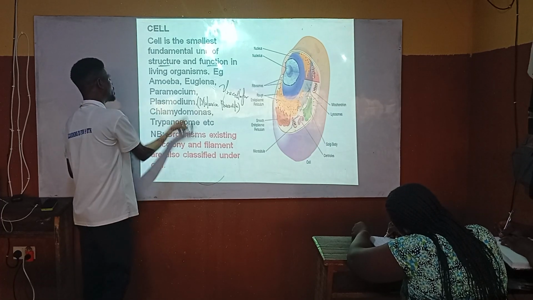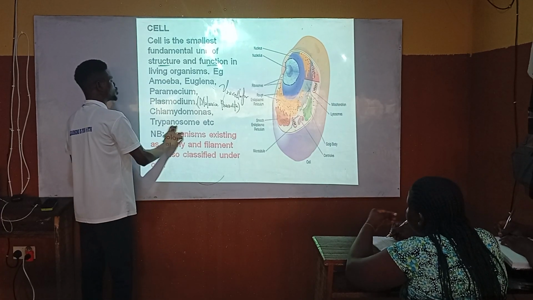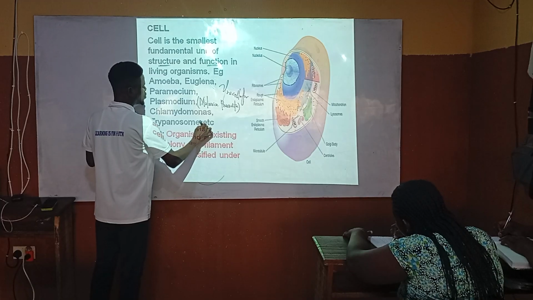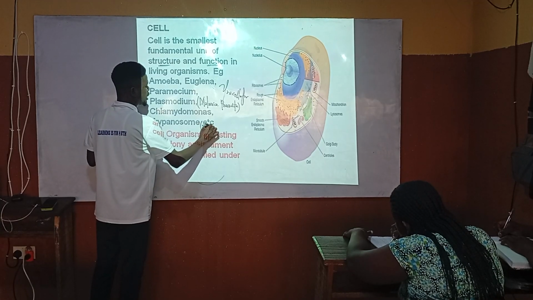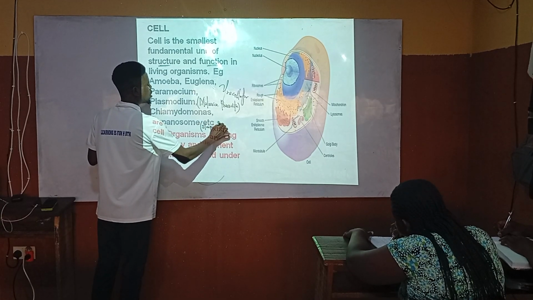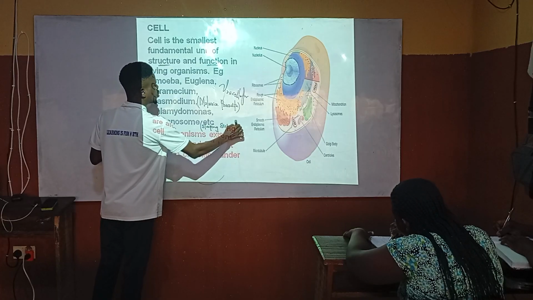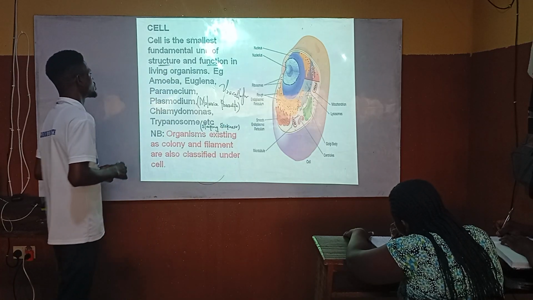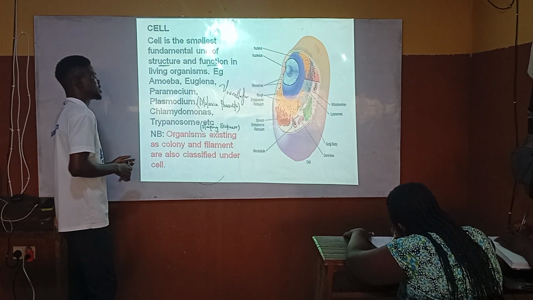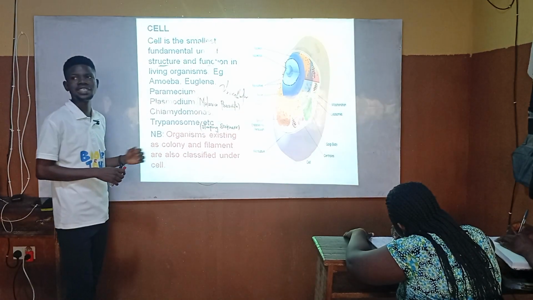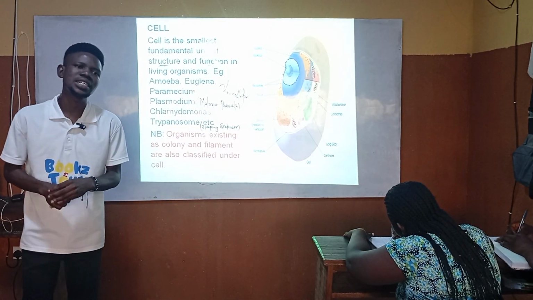Then we also have chlamydomonas. And we have trypanosome. Trypanosome is the one that causes sleeping sickness, called trypanosomiasis. Alright. So take note, all of these are examples of organisms that exist at the cell level.